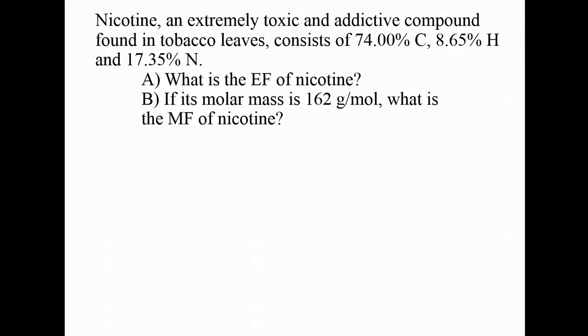Nicotine consists of 74% carbon, 8.65% hydrogen, and 17.35% nitrogen. So you should split into groups and determine two things. First of all, letter A, what is the empirical formula of nicotine? And B, if its molar mass is 162 grams per mole, what is the molecular formula of nicotine? So go find a group, everybody get up, move around, find somebody to crunch numbers with, and then come on back and we'll take a look at the answer.